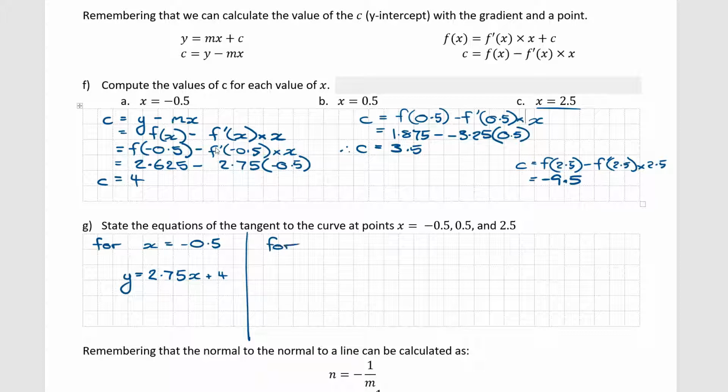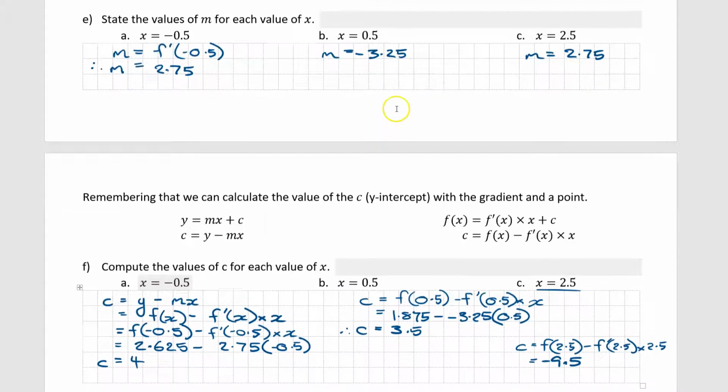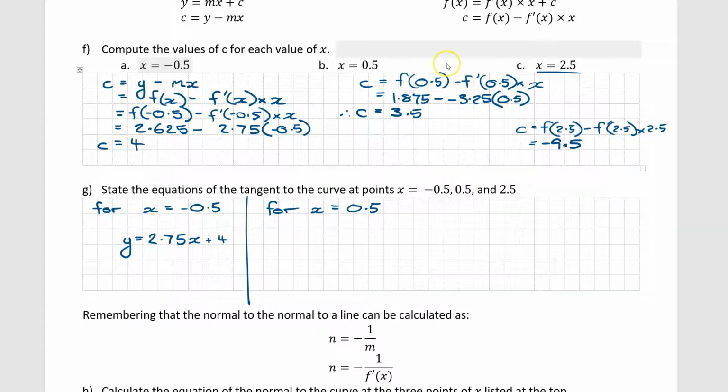For x equals 0.5, our gradient was negative 3.25. So y equals negative 3.25x plus 3.5. So that's our value we'll see here.